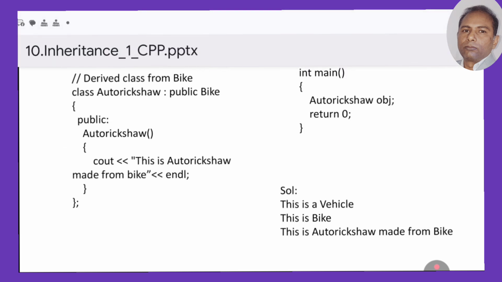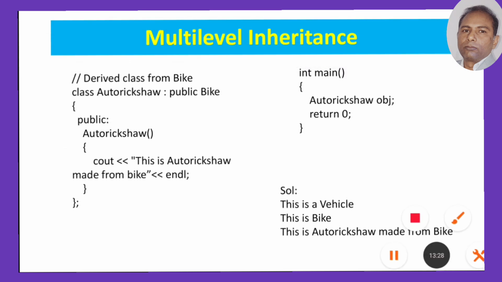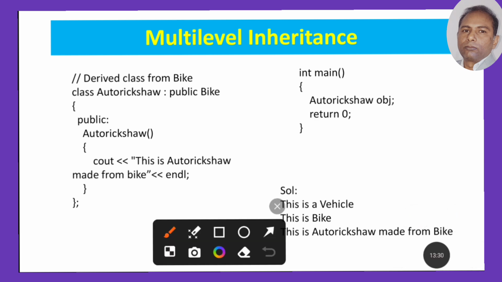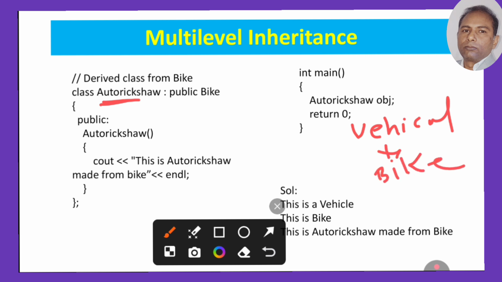Now we can see here we have made one auto rickshaw class. The auto rickshaw class is again derived from the bike class. So initially there was the class known as vehicle, then from vehicle we are deriving the class bike, and from bike we are deriving the class auto rickshaw.